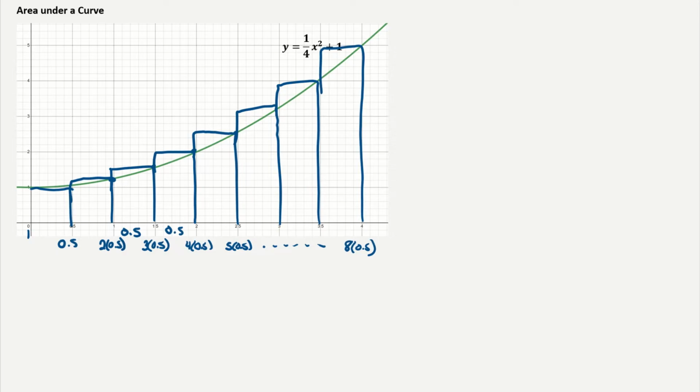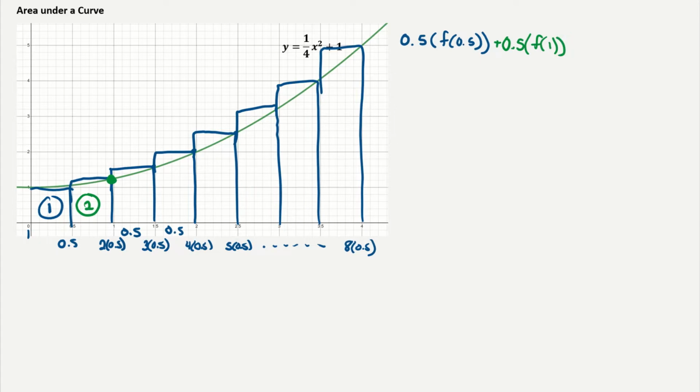How do I find the area of this first rectangle? Well, I'm going to go 0.5 times f of 0.5. Now the next rectangle, again that is 0.5, but this time it's f of 1 because the height here goes to whatever the y value is at 1.